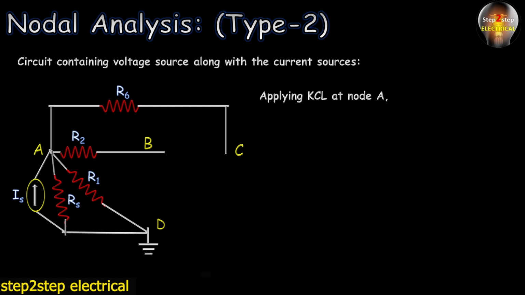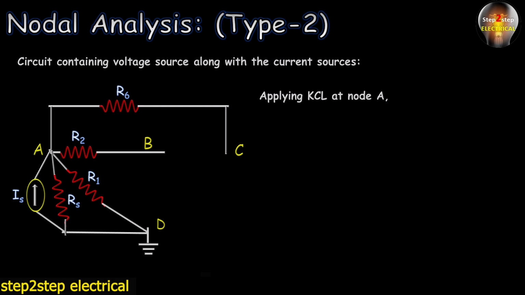Let's assume that Is is the current which enters the junction, while the currents through resistors Rs, R1, R2 and R6 leave the junction. You can assume according to your wish; there is no restriction, but I have assumed Is as the current entering the junction, while the currents through Rs, R1, R2 and R6 leave node A.